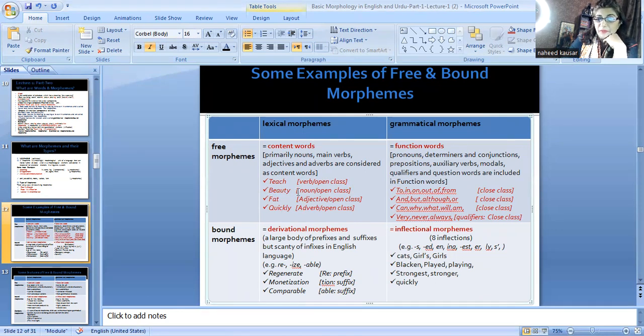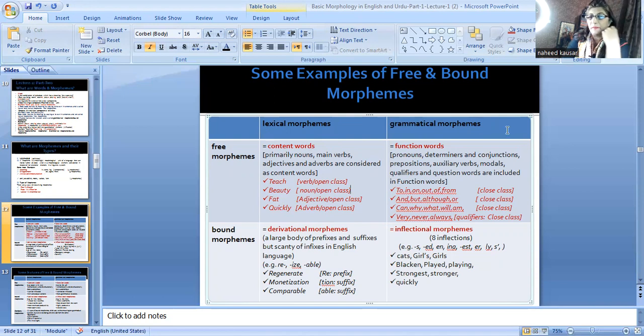Teach is a verb, beauty is a noun, fat is an adjective, and quickly is an adverb. So in most cases, the lexical morphemes are usually the content words and they belong to the open class containing nouns, main verbs, adjectives, and adverbs.